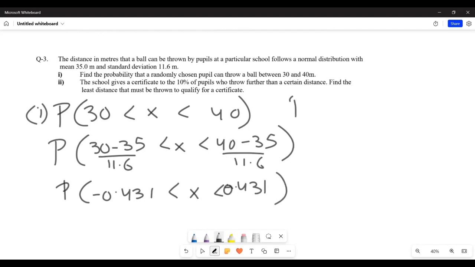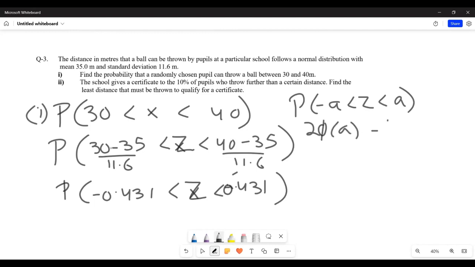So we know when we have probability of minus A to A for Z, it's 2 phi A minus 1. So what we have to do is find twice the probability Z is less than 0.431 and then minus 1 from it. So 0.431's probability has to be found from the table.